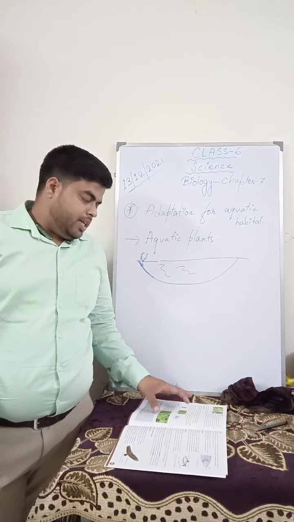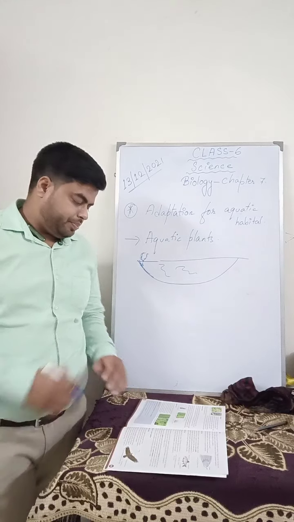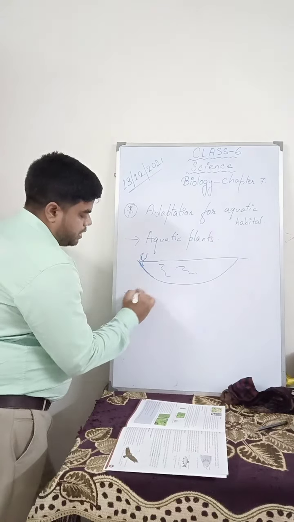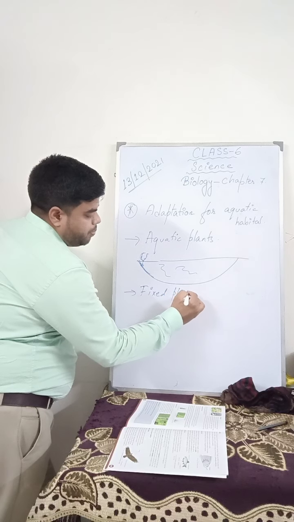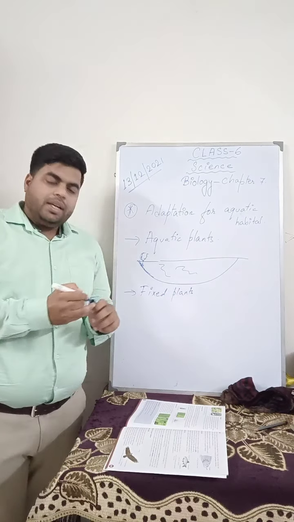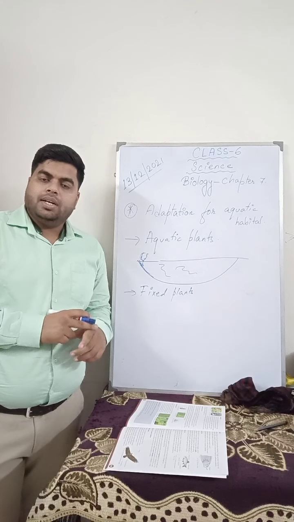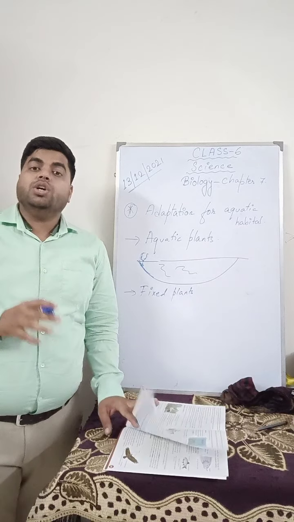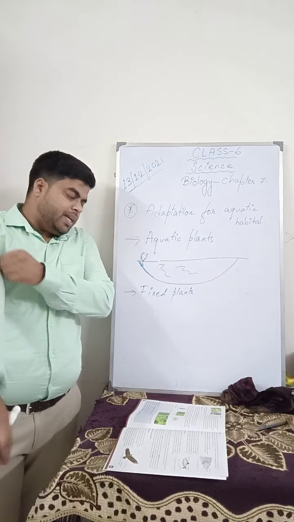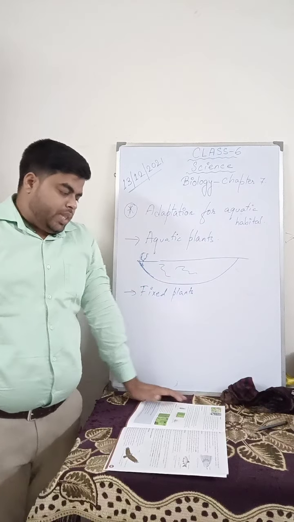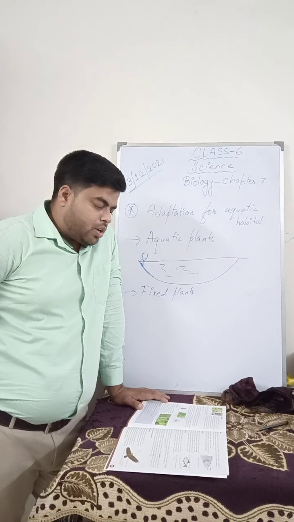The next is the fixed plant. In figure 7.10 you can see the different types of aquatic plants, and in the picture you can also see where they grow in the water. These plants are fixed to the water bed with the help of strong roots, hence they are called fixed plants.